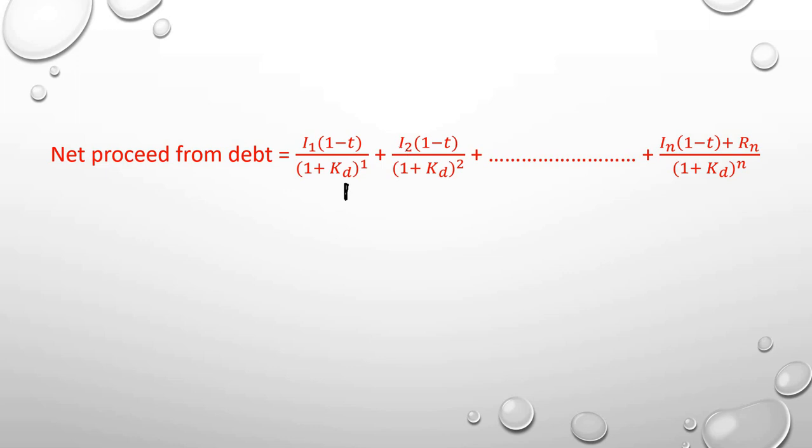Now I2 is your interest paid at the end of year 2, again (1 minus T) upon (1 plus KD) raised to power 2, because we are converting the interest that we have paid at the end of the second year into the present value.